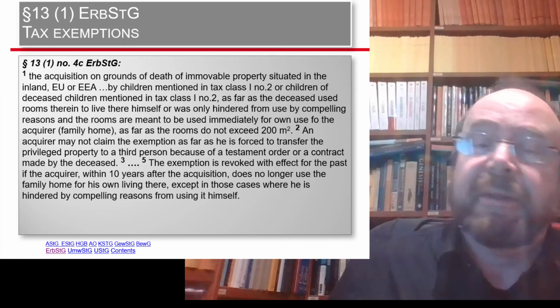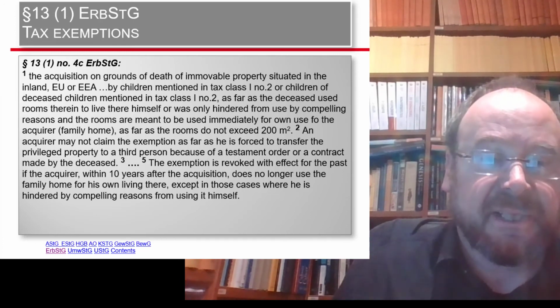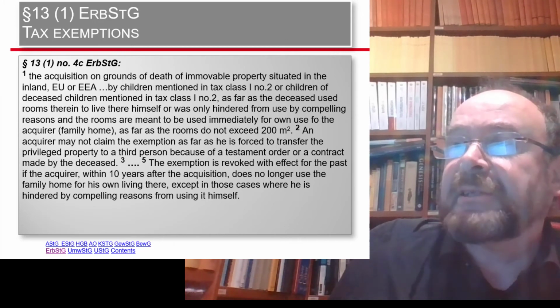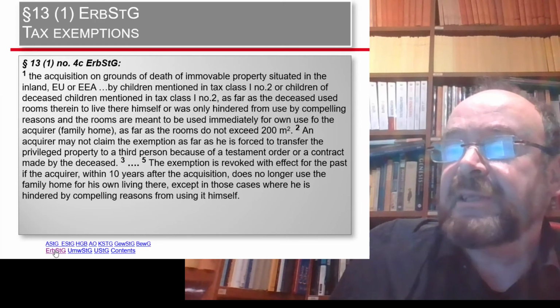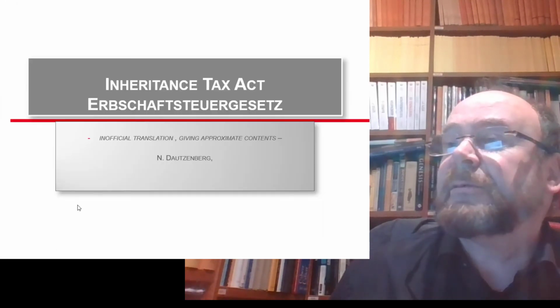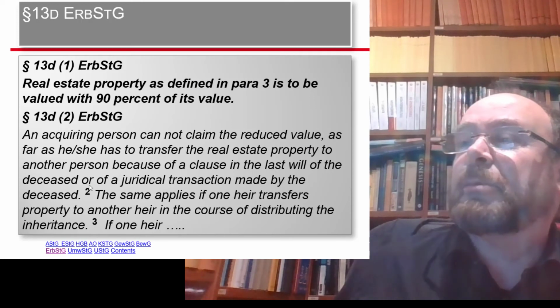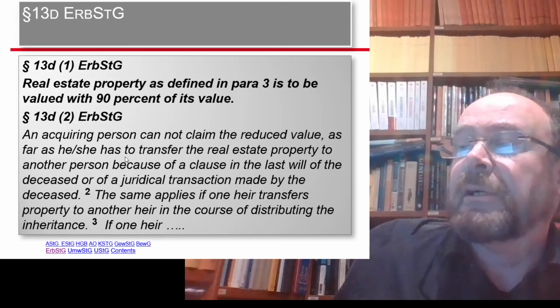Now, the house is intended to be let to tenants. So there is another rule, 13d, which applies to houses let to tenants. So let's look for that. Real estate property as defined in paragraph 3 is to be valued only with 90%.